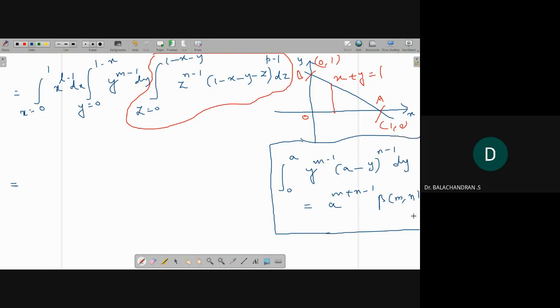So instead of a, here we have 1 minus x minus y.